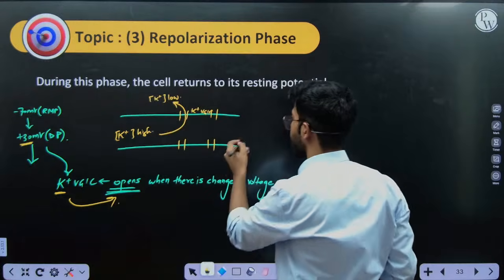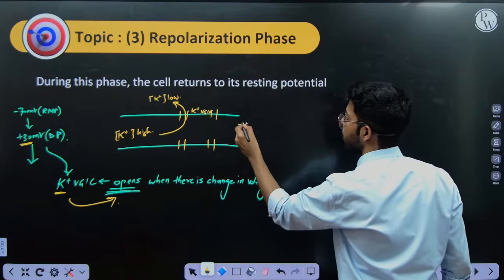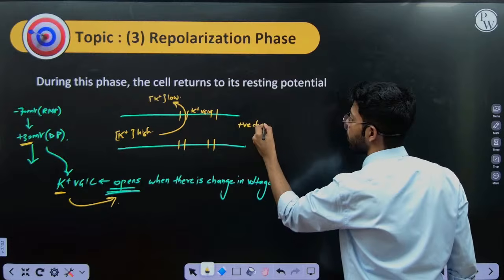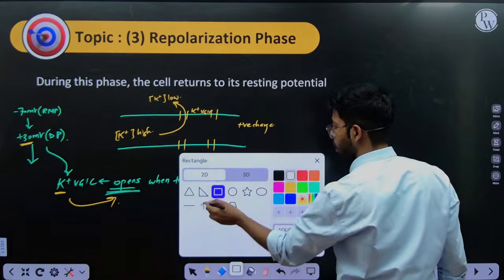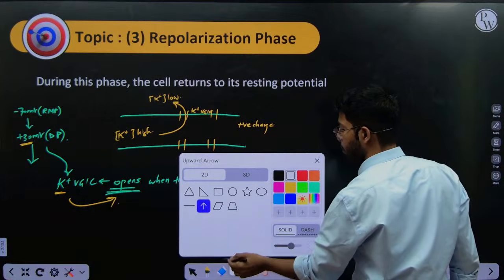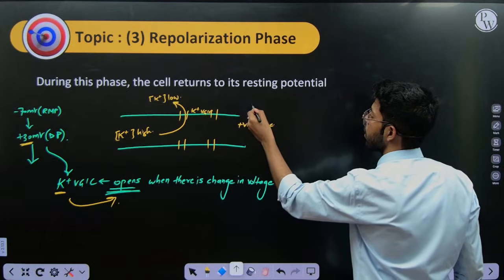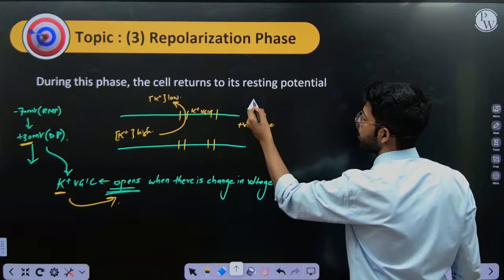That means the positive charge efflux. You can see the positive charge efflux.